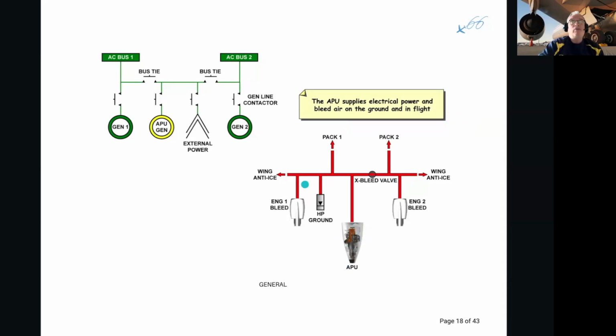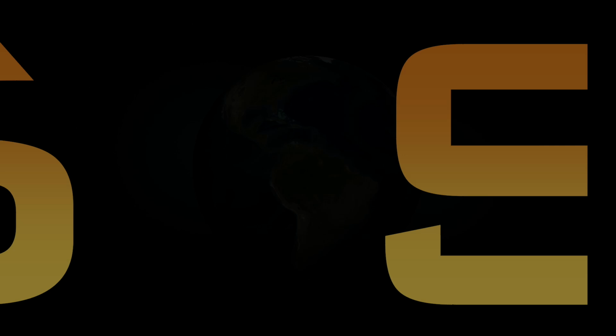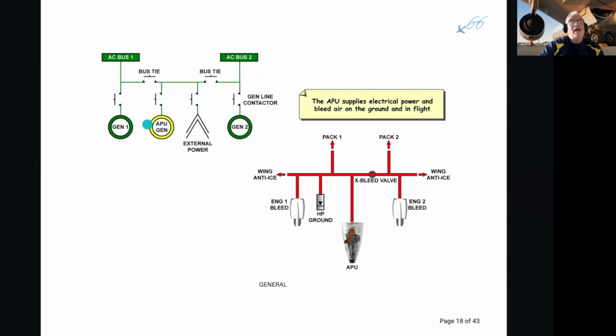We will move away from the bleed now and talk about its electrical generation properties. I'm on the ground. The engines are not running. I sometimes have the APU on, which has its own generator supplying electrical power. And if I don't have the APU on, or the APU is broken, or I'm not allowed, some airports, especially in Europe, a lot of the environmentally friendly airports now don't allow the use of the APU until 15 minutes before departure.